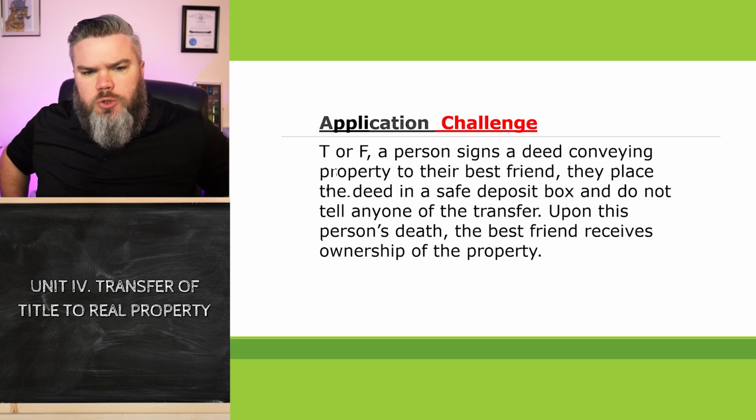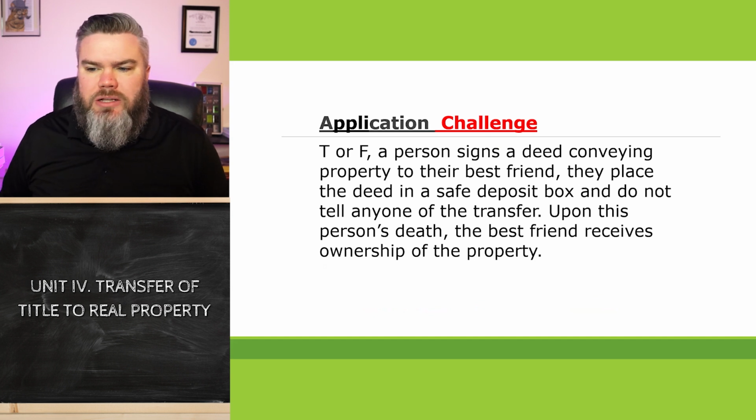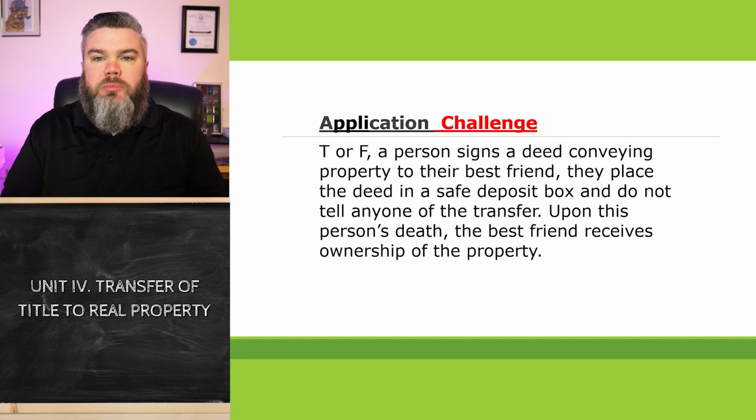How about this one? True or false? A person signs a deed conveying property to their best friend. They place the deed in a safe deposit box and do not tell anyone of the transfer. Upon this person's death, the best friend receives ownership of the property.